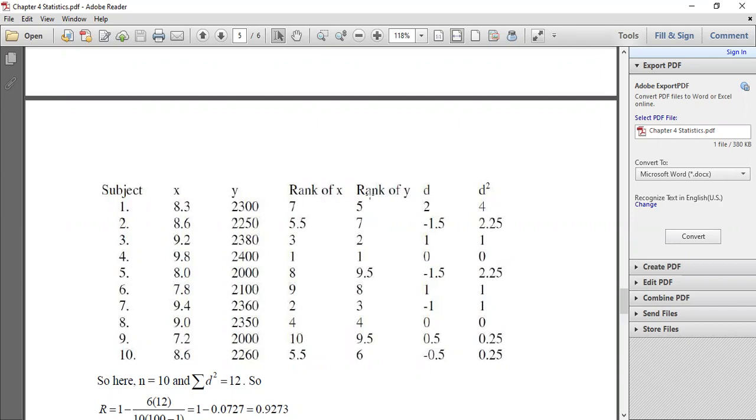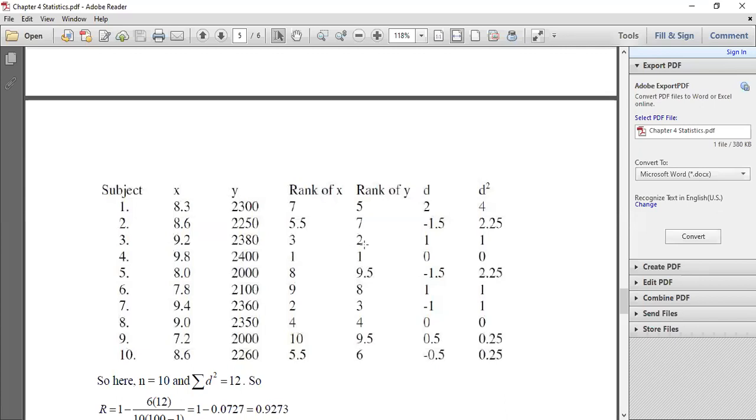Then again, you do the same to Y. The first one is 2400, so that becomes rank 1. This could be just a mere coincidence that subject number 4, 9.8 is rank 1 for X and for Y. It doesn't always happen that way.